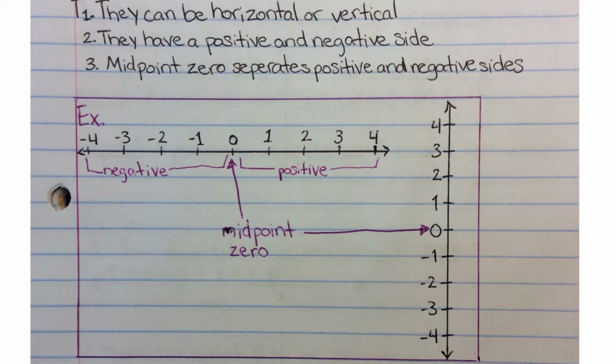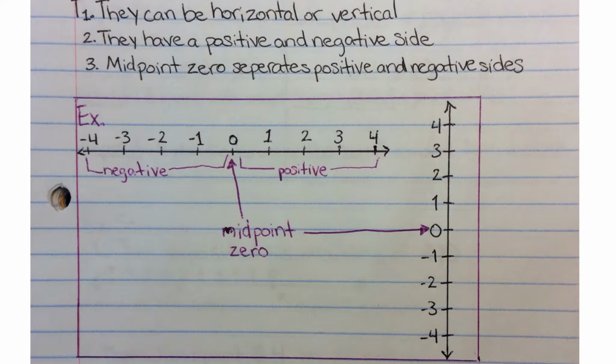So first, we know that it can be horizontal or vertical. Our first one is obviously horizontal, and our second is vertical. Both of these are number lines. Both of them work, horizontal and vertical. Second thing we need to know is that they have positive and negative sides.